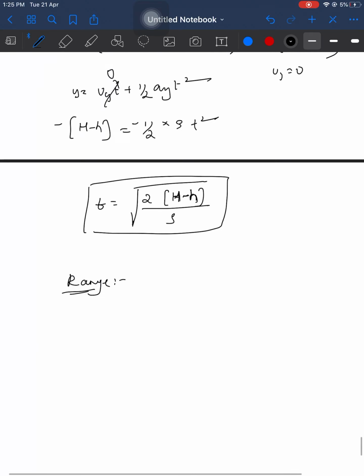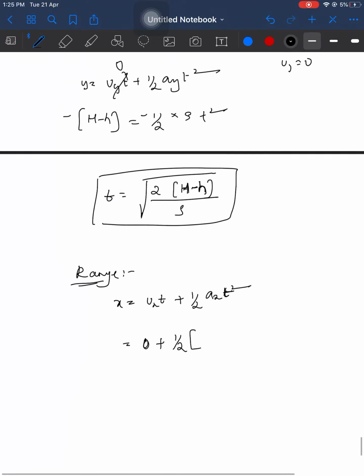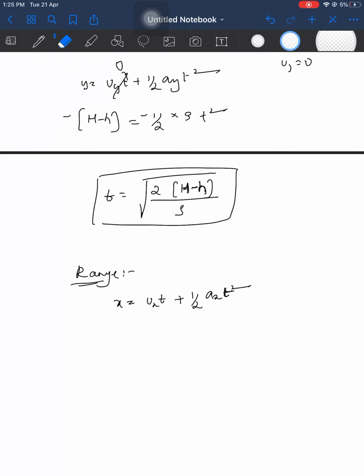Range x is equal to ux t plus half ax t squared. ax is equal to 0 and ux is equal to root 2gh into time.